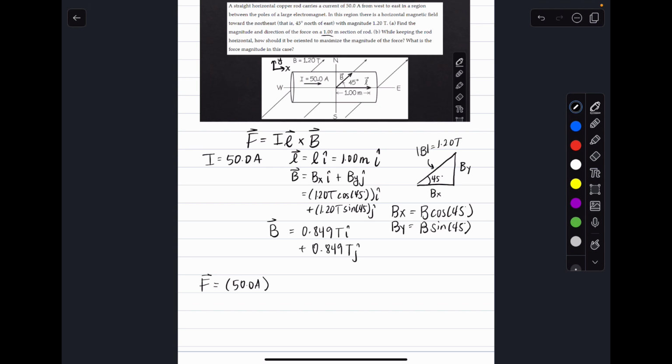And then we're doing L cross B. L is 1 meter I hat, and we're crossing that with B. Algebraically, how we do this cross product is we distribute the cross product.